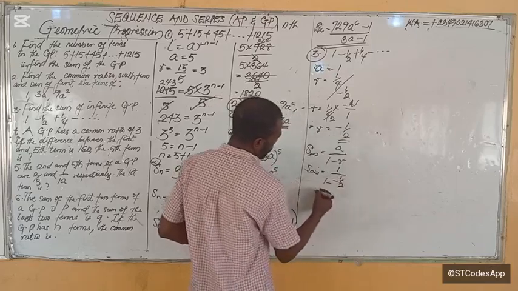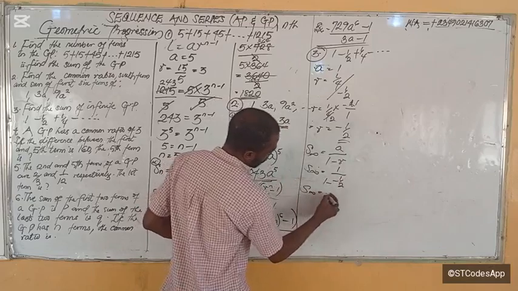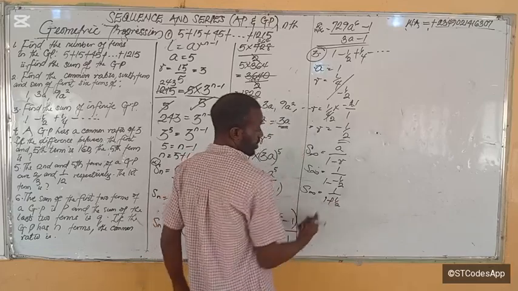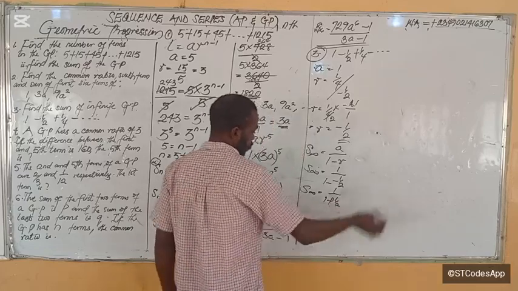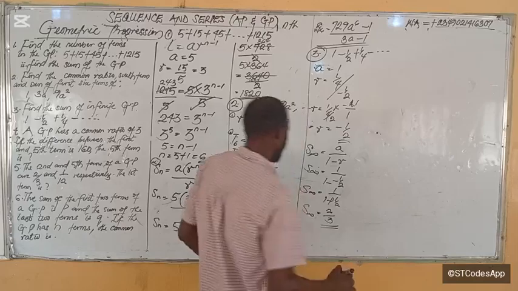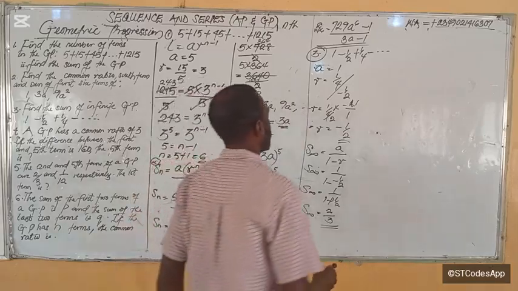Minus half. So S infinity becomes 1 over 1 plus half. So that becomes 1 and a half, which is 3 over 2. So 2 will go up. S infinity becomes 2 over 3. And that will be the answer here.